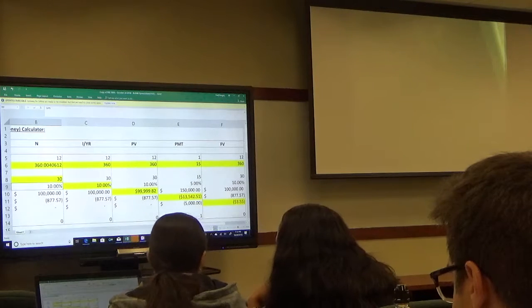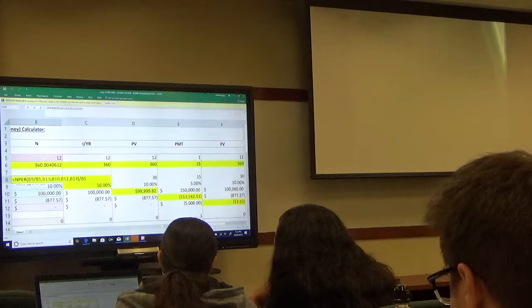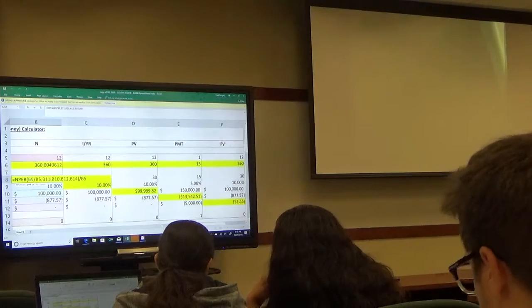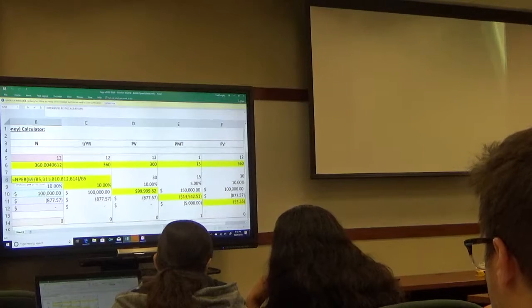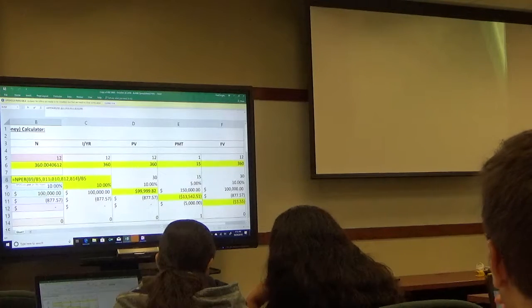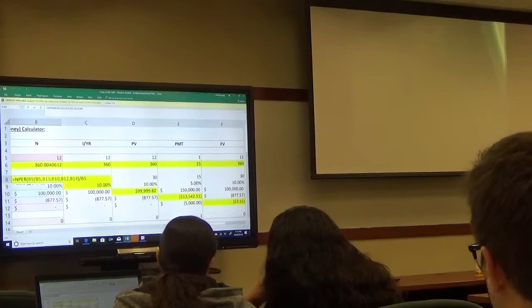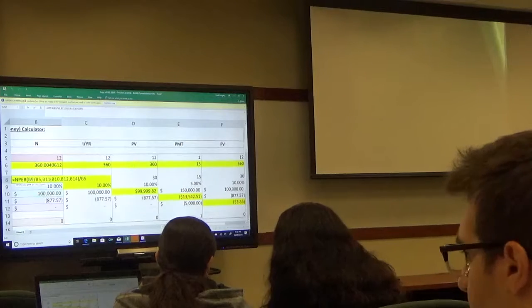Can you highlight the 30 again? So I did, but it didn't populate that.